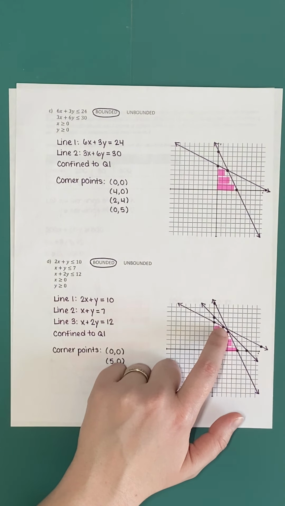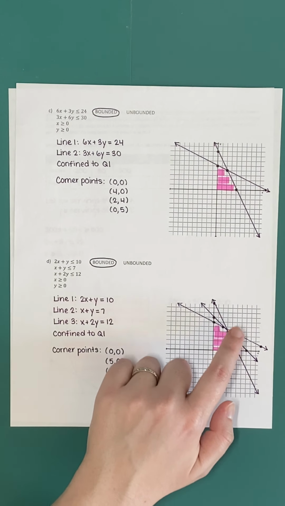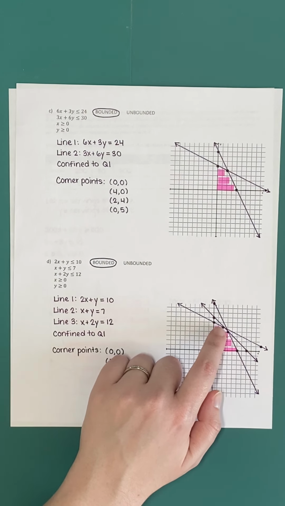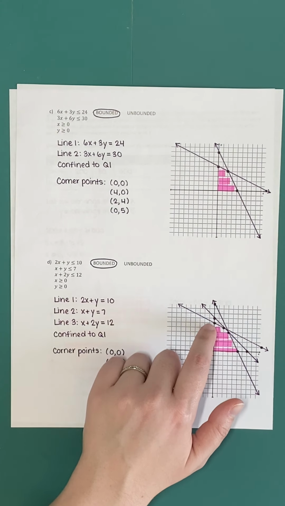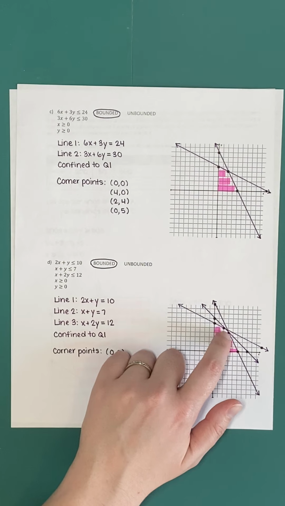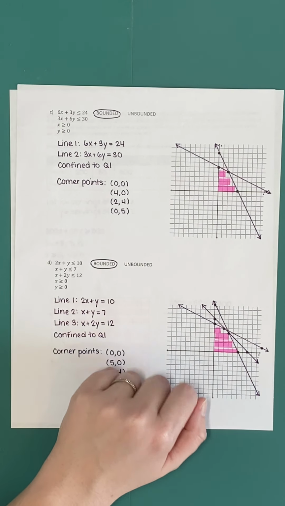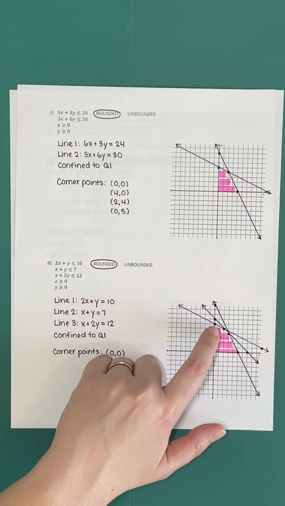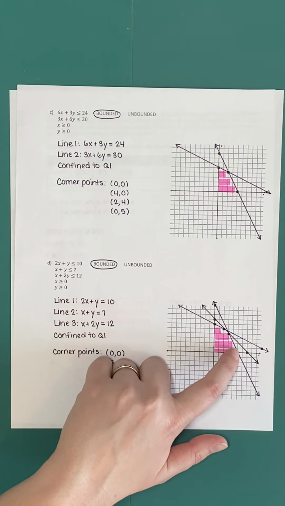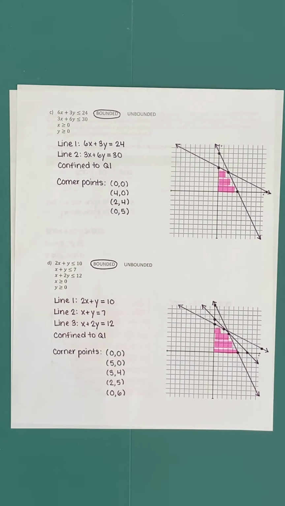So it's hard to see. That's one thing that Desmos is going to be great for. It's going to allow us to zoom in and see what's happening in this kind of location where things are a little bit muddy. But we actually don't have a straight line right here. We have a segment, another diagonal segment, and then a third diagonal segment defining the shape of this region. So 1, 2, 3 diagonal segments defined by 1, 2, 3, 4 corner points, and then the additional corner point there at the origin.